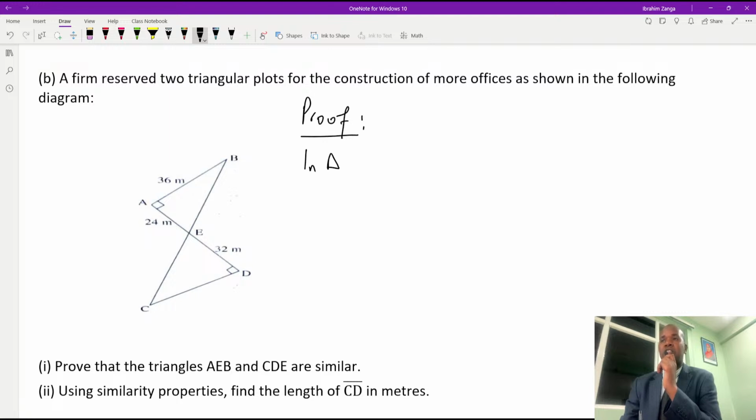So I'm going to say that in triangle ABE and triangle DEC, we can see that angle EAB equals angle EDC. It is actually given, and we are talking of 90 degrees.